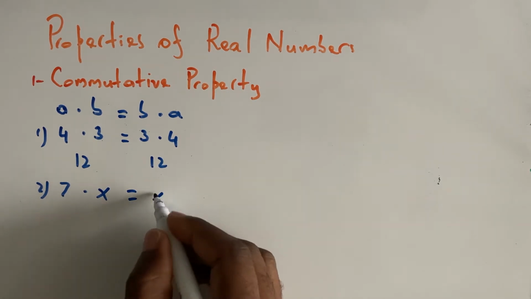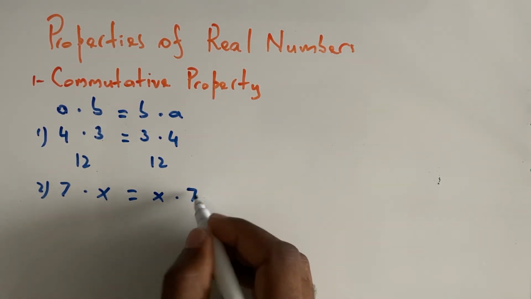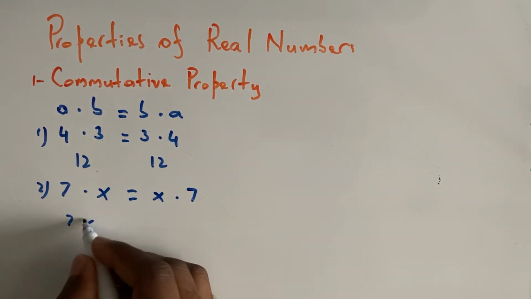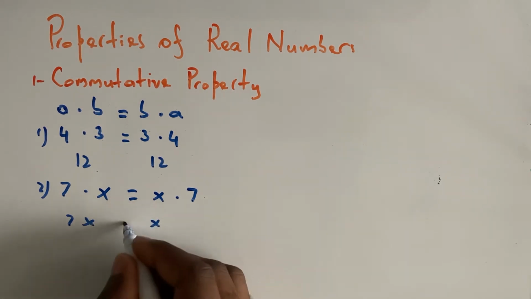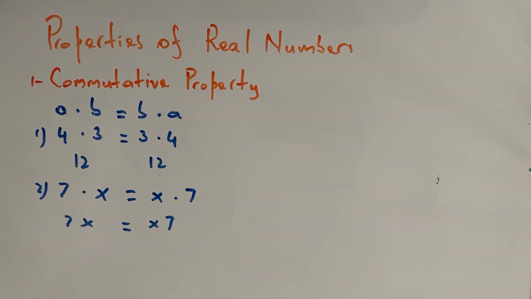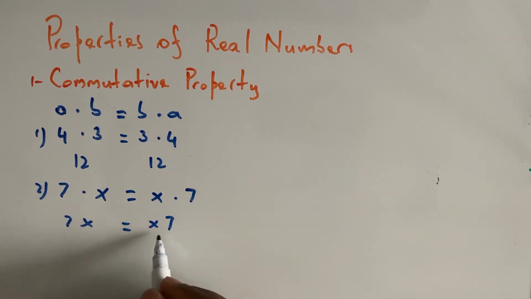This should be the same as x times 7, okay? So this could be written as 7x or x7, the same thing. It's just better or proper to put the numeral before the variable, but it doesn't really matter because they have the same value, okay? So this is the commutative property.